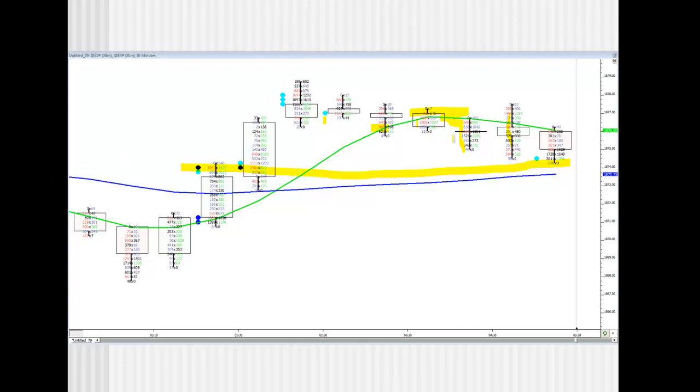If in fact these buyers are still buying and they're still strong, I would expect to see prices start to move a little bit higher. If in fact the sellers are far stronger, and this has become an area of resistance, I would anticipate prices to continue lower. But based on looking to the left of the chart and seeing KVT activity here, this was buying before.